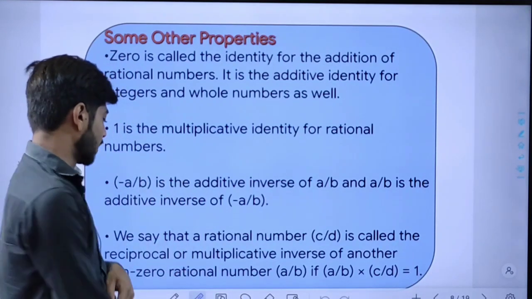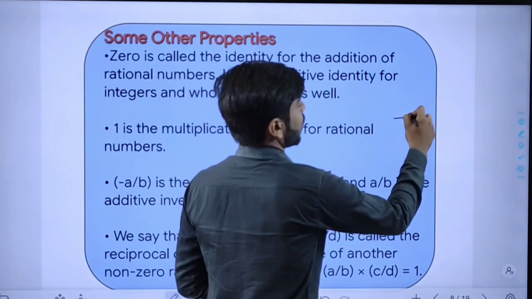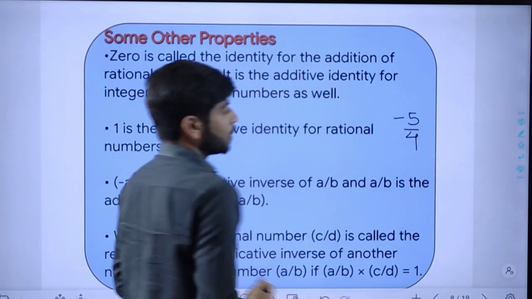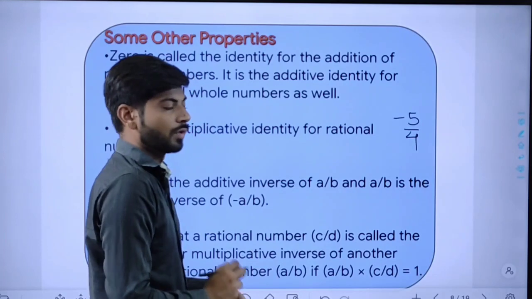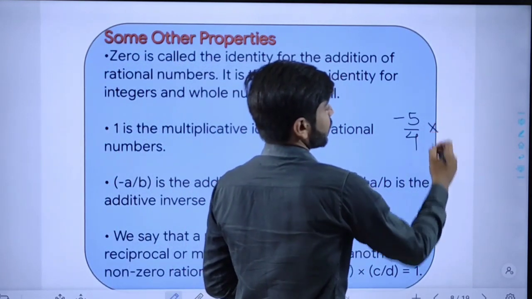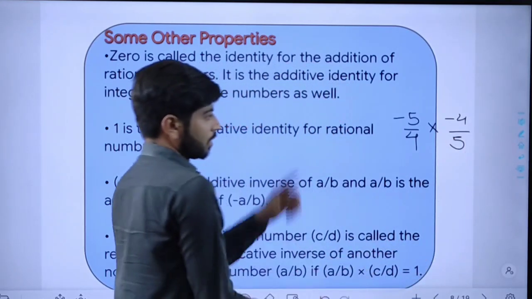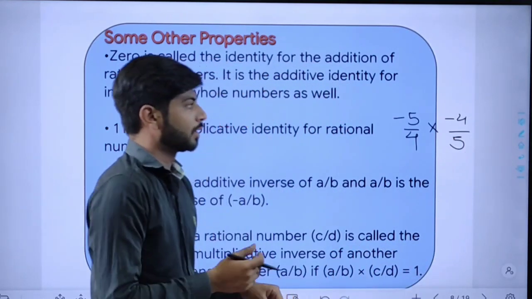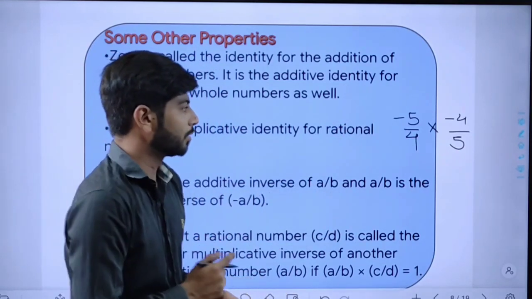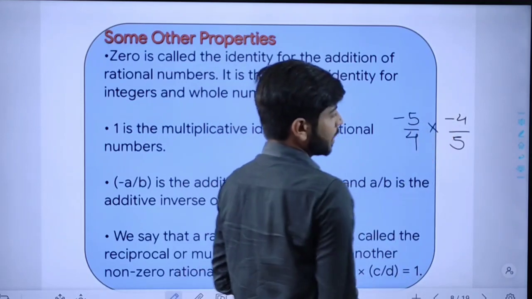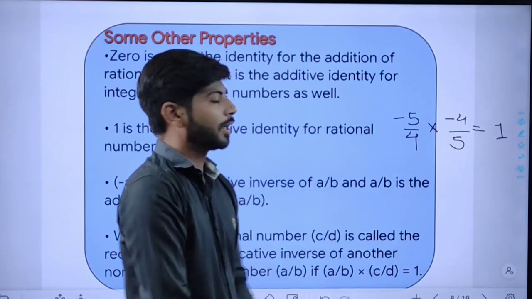Okay, let's take one example. Say I have minus 5 upon 4. Which number will I multiply it with so I will get the answer 1? So multiply, I think, minus 4 upon 5. You can see it is the reciprocal. If we change the numerator to denominator and denominator to numerator, we will get the reciprocal, but we have to put the same sign so that we will get plus 1, otherwise we will get minus 1.